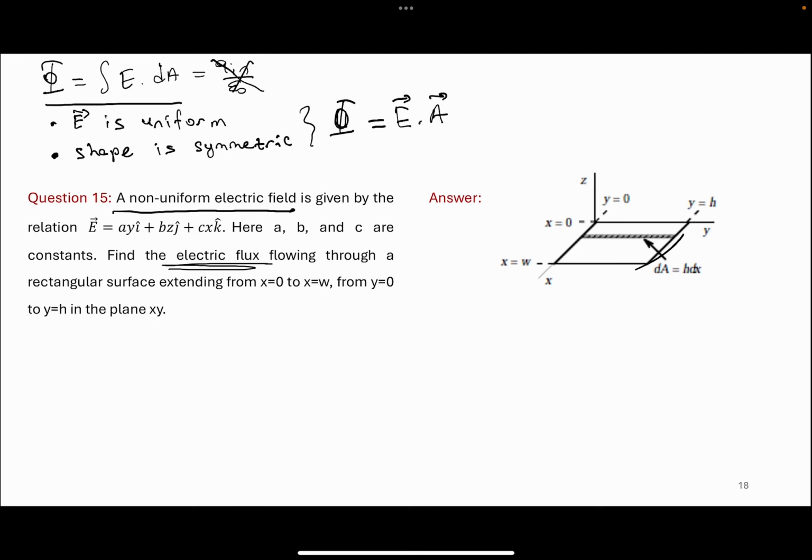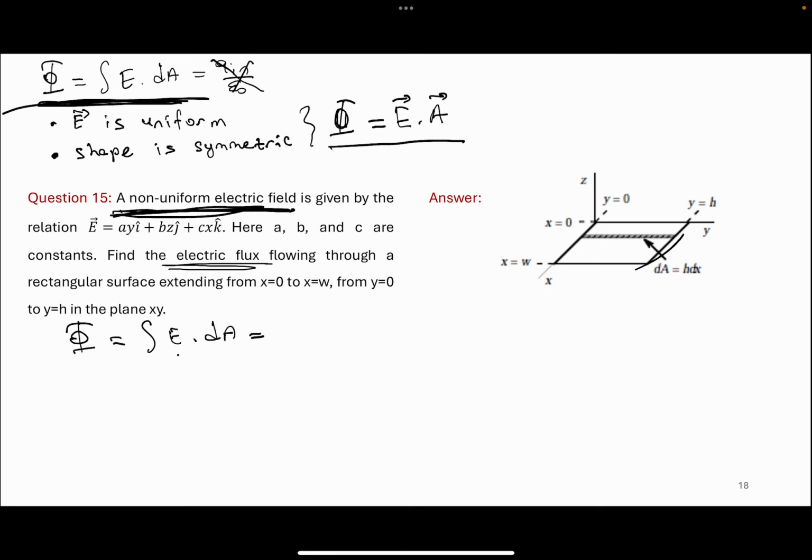So you can take the direct flux with that formula. But unfortunately, it says the electrical field is non-uniform. How can I take it? You need to take the integral. You need to use that formula with the integral. Let's continue. Okay, we will use this formula.